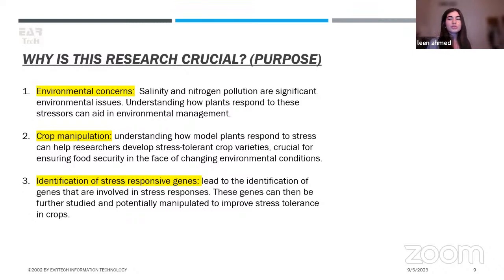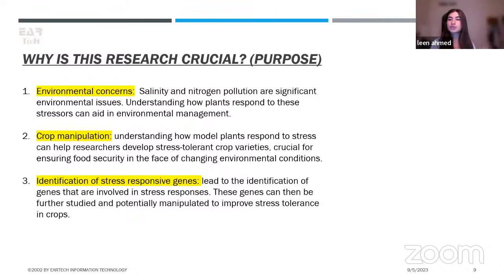So when we do these experiments on smaller plants, we're able to see how the plant responds to a stress, and then we can develop a new genetic variation to make this crop more tolerant to the stress.